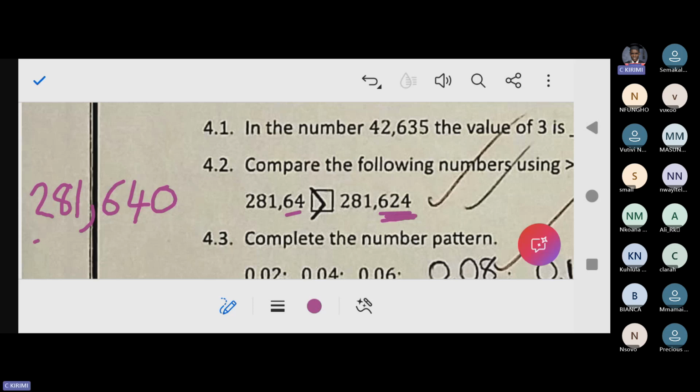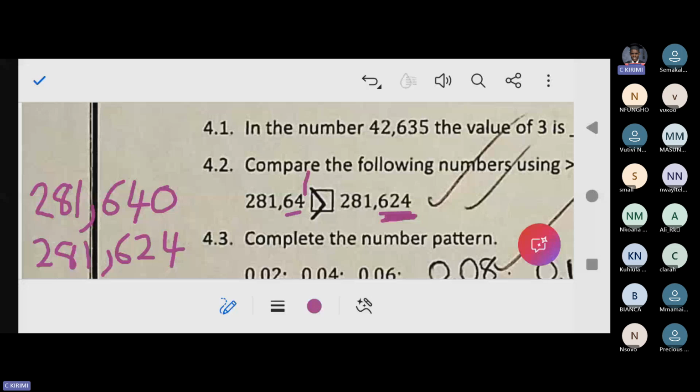And then you are comparing it with the 281,624. So the trick is that they did not put that placeholder here, so that it is also the same, with the 3 digits which are after the comma.